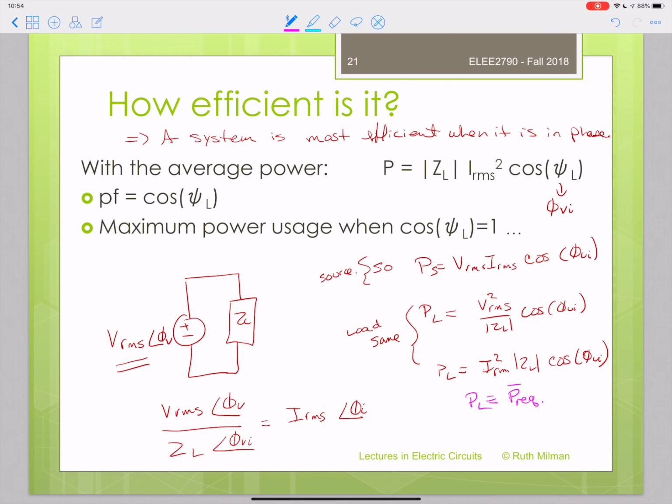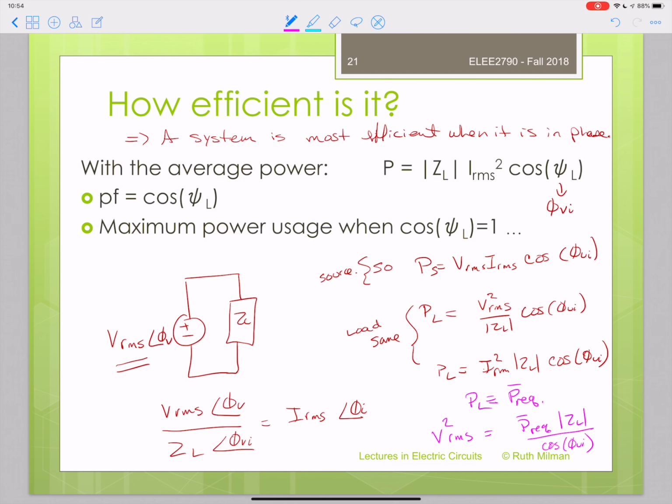Well, if we know that we have a fixed amount of power necessary by the load, then essentially that dictates the voltage requirement. And if you take a look at that equation and rearrange, you'll see that V squared RMS is equal to that requirement times the magnitude of the impedance divided by the cosine of that phase.